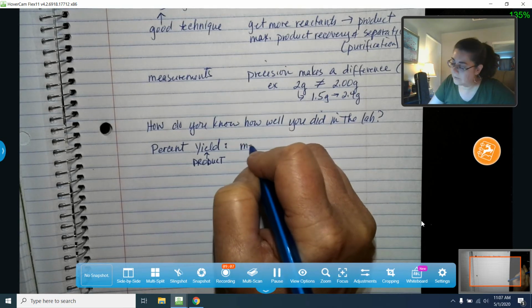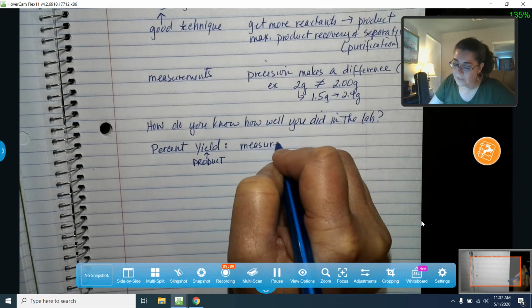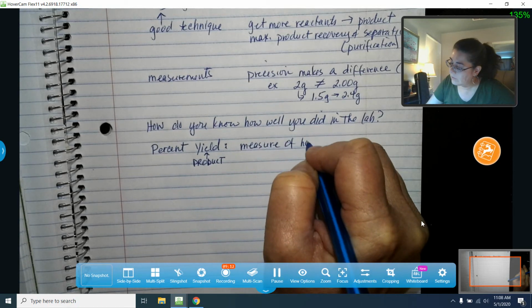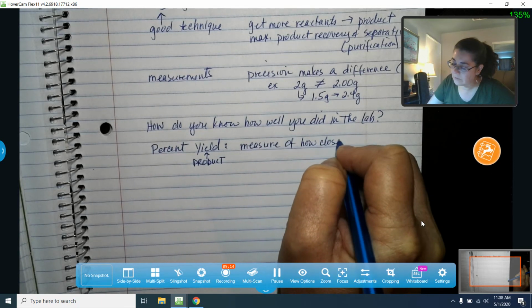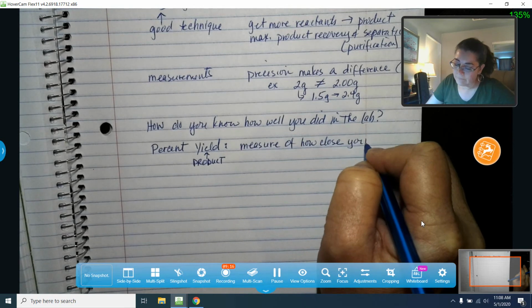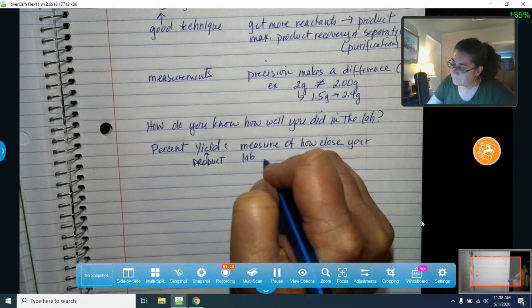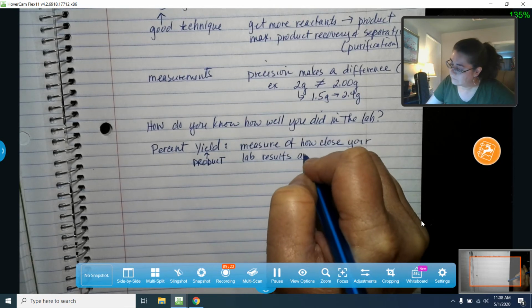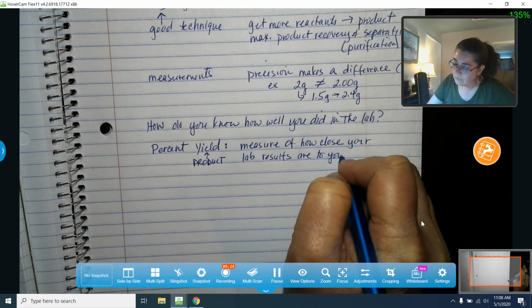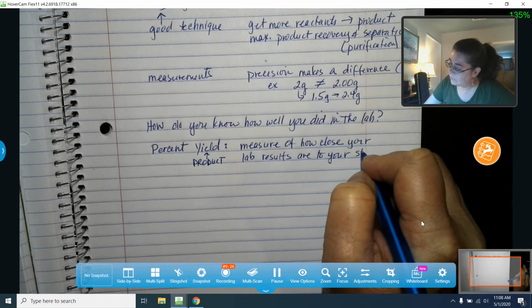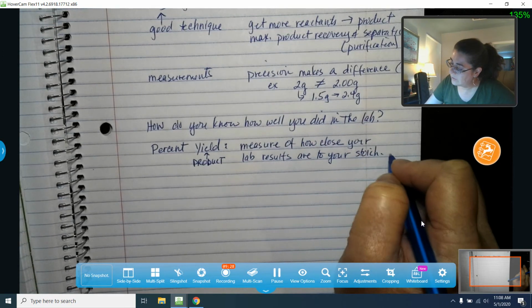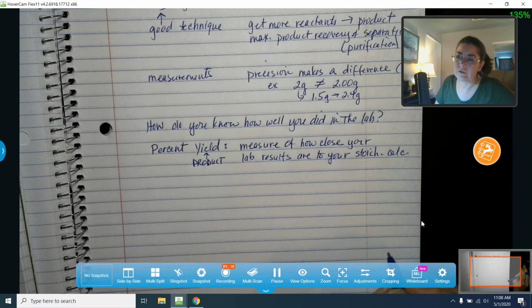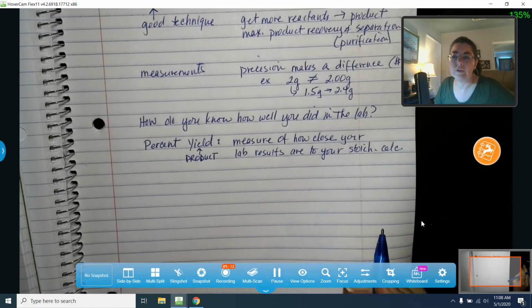So this is a measure of how close your lab results are to your stoichiometric calculations. Sorry, I'm doing abbreviations there.